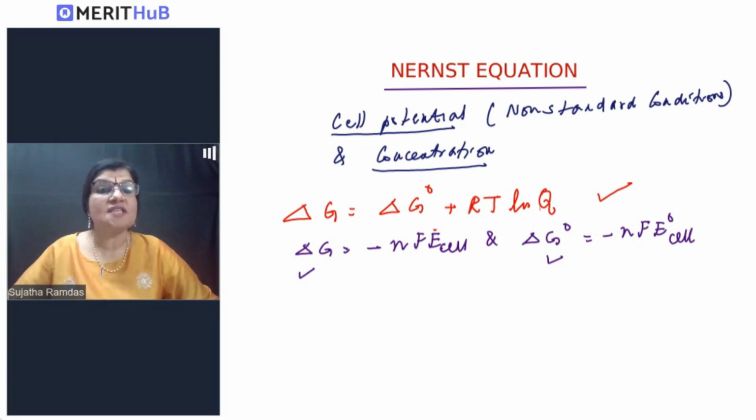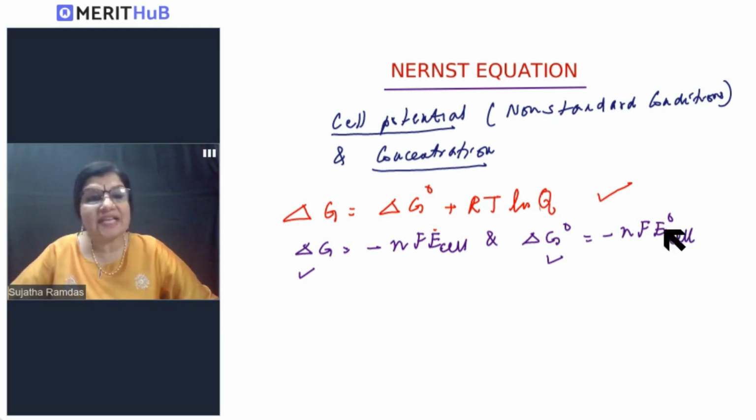This signifies spontaneity. That is why we know that a reaction is spontaneous when delta G is negative. Let's look at the standard conditions. Delta G naught is negative, right? Delta G naught should be negative. Therefore, the reaction is spontaneous. Now, for delta G naught to be negative, the standard cell potential has to be positive.